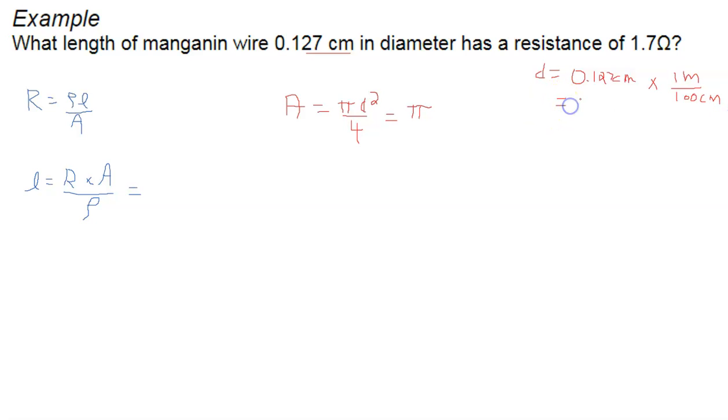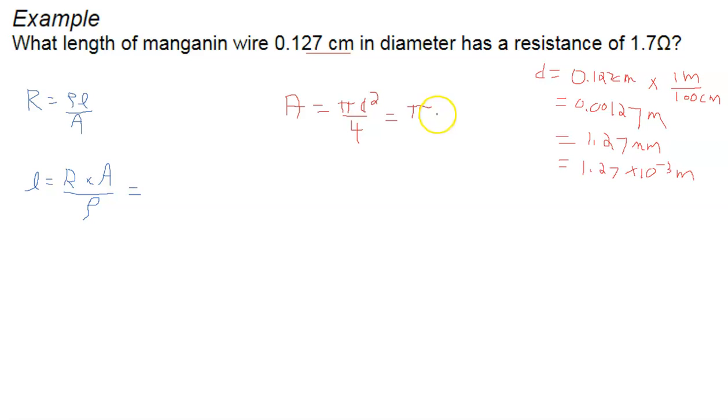And so 0.00127 meters, or 1.27 millimeters. And I don't know if it's necessary to point that out, but 1.27 times 10 to the negative 3 meters is probably the best way to write it, right?